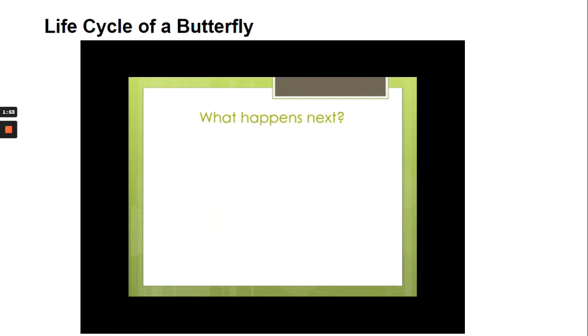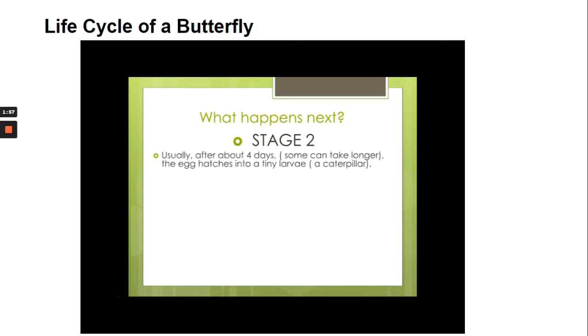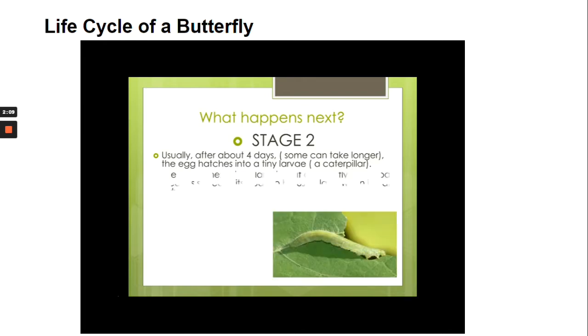What happens next? Stage 2. Usually, after about 4 days, some can take longer, the egg hatches into a tiny larva, a caterpillar. The job of the caterpillar is to eat constantly. The food it eats is stored in its body to be used later when it is an adult.